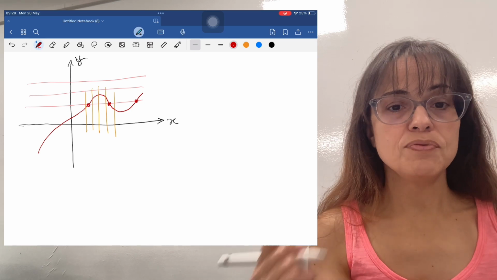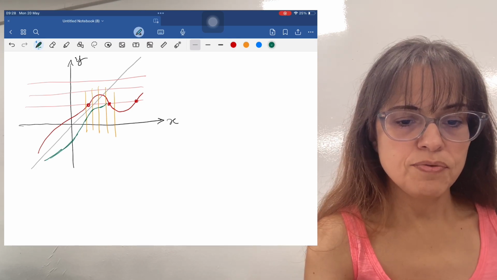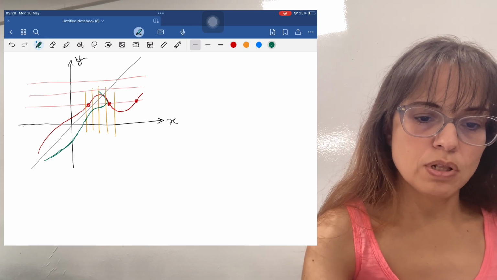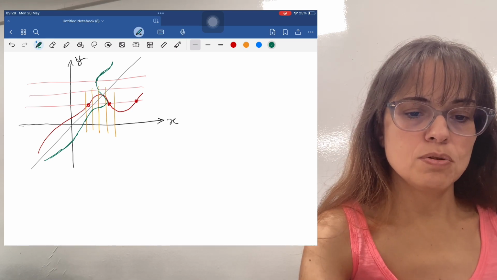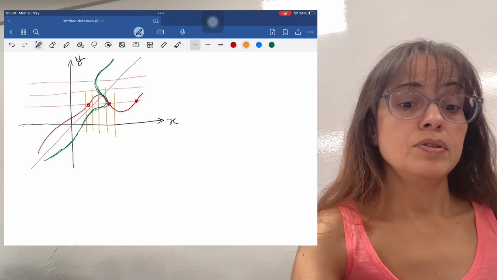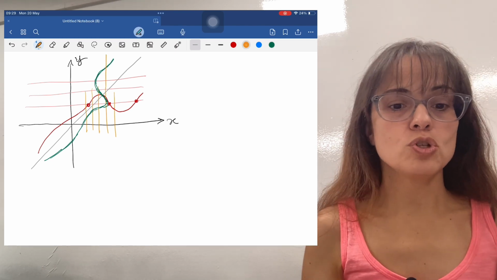So if I try to invert that, then I would get a green function that is going to the left and to the right, something like this. Look, this is not a function. This doesn't pass the vertical line test because the red one did not pass the horizontal line test.